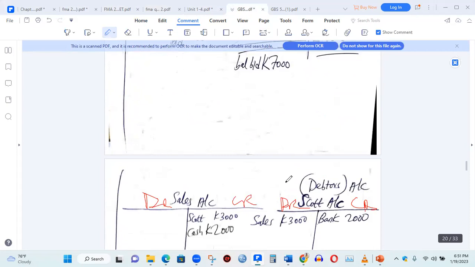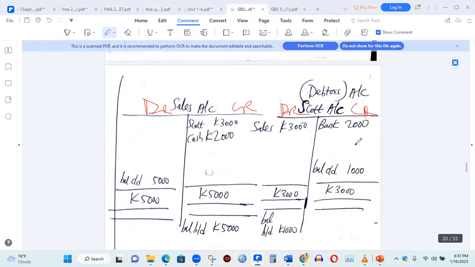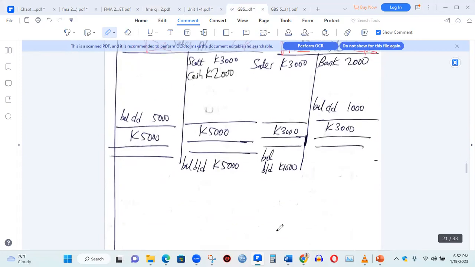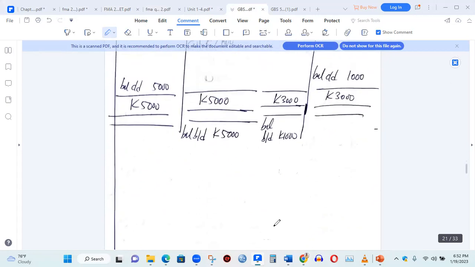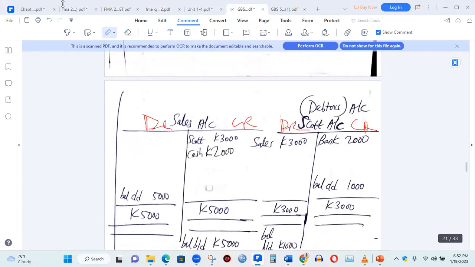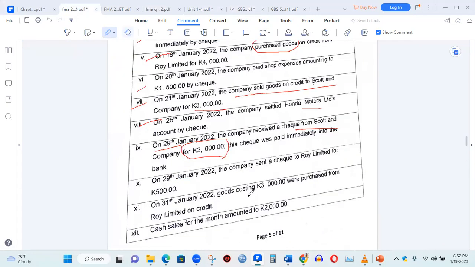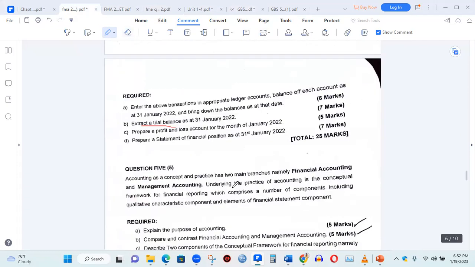Scott paid 2,000, meaning he was only owing us 1,000. So there's need for us to look at the question. The question was requiring us to prepare the entries. You debit what is receiving, credit what is giving away.